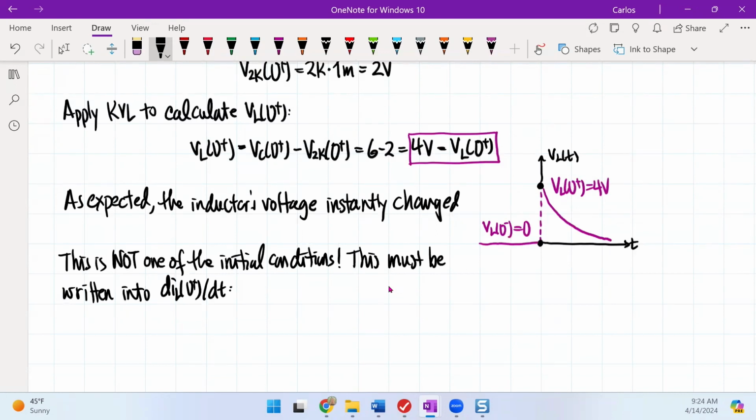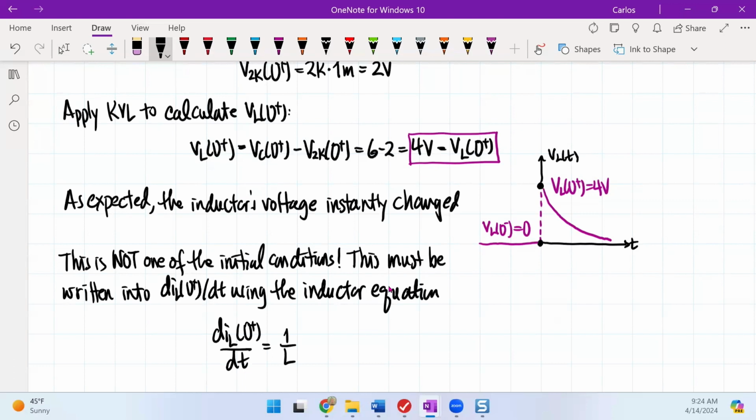So when I look at this, using the inductor equation, it now reads that DIL at 0 plus dt is going to be 1 over the inductance times the voltage of the inductor at that point.